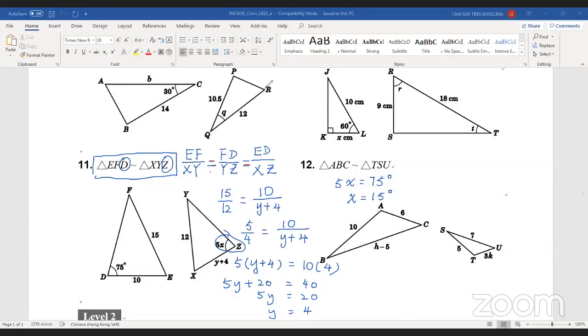Now, sometimes you may find that the unknown may carry a unit, sometimes not. It depends. If you look at this one, 5x, no unit here. Therefore, the unit is included in this variable. If instead of 5x, it is written as 5x degrees, then in this case I have 5x degrees equals to 75 degrees.